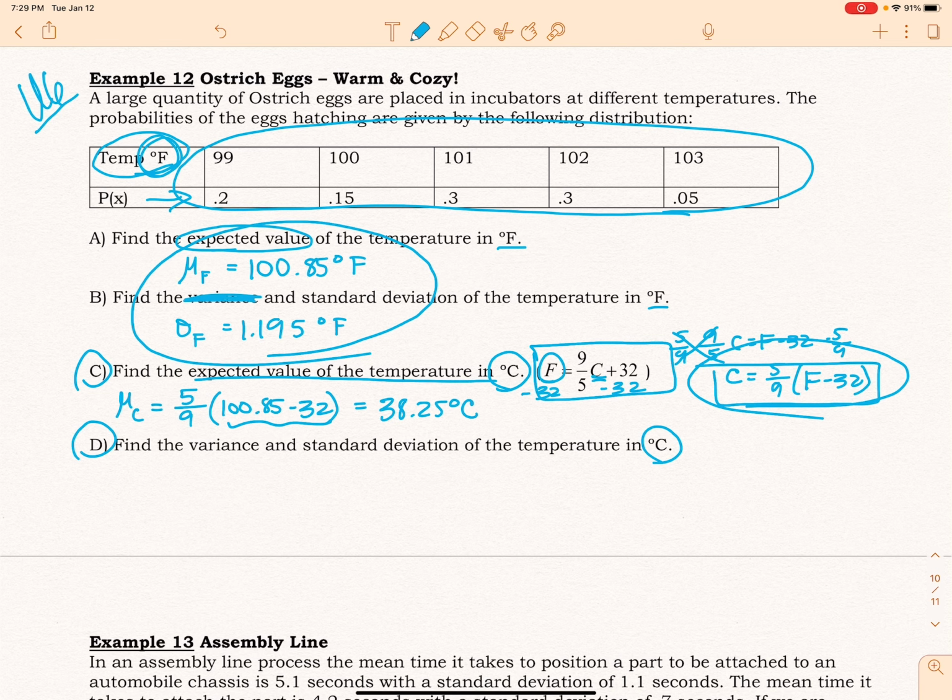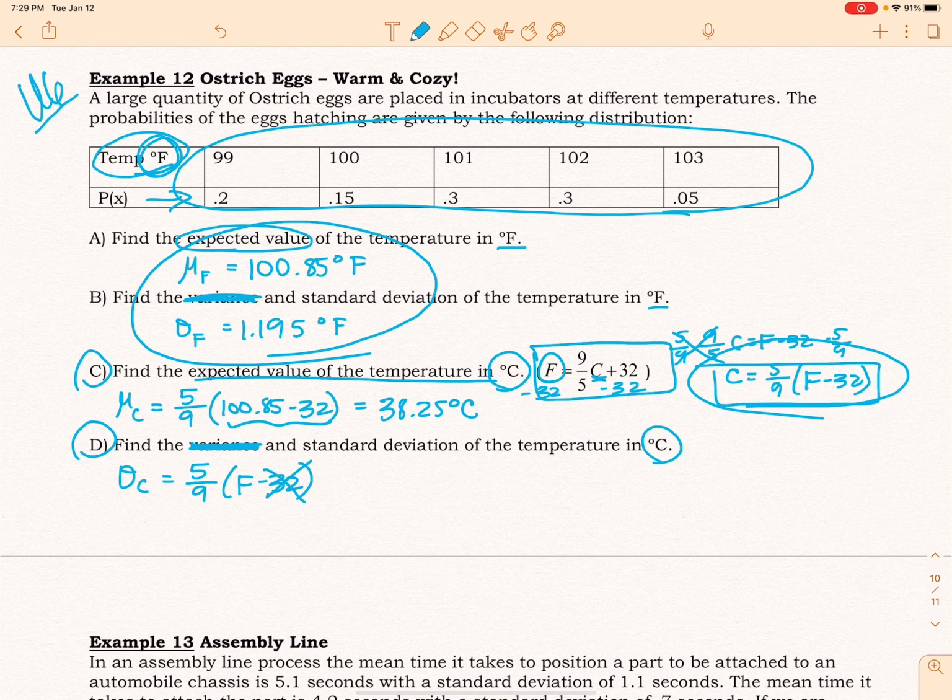Okay, for part D, I don't need my variance here. I'm just finding standard deviation in Celsius. So I'm going to use my same formula, but I want you to remember that one of the rules for transforming our standard deviation is that we don't care about the constant being added or subtracted.